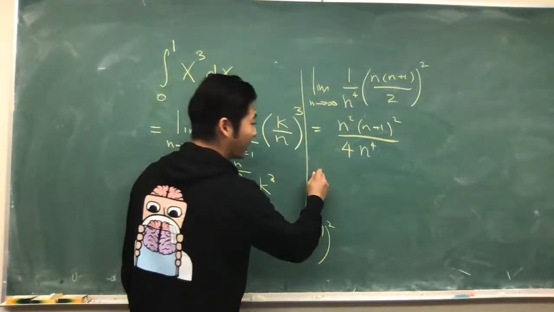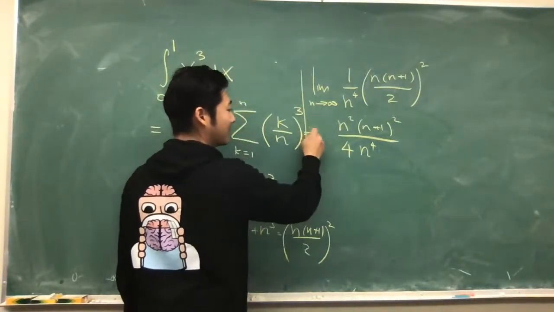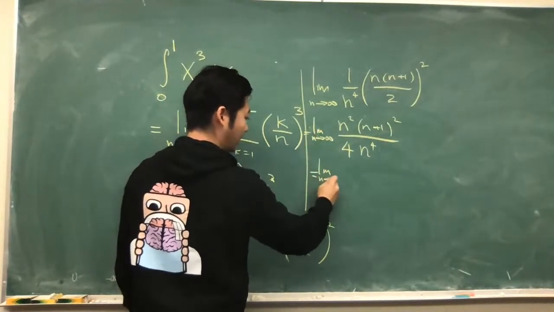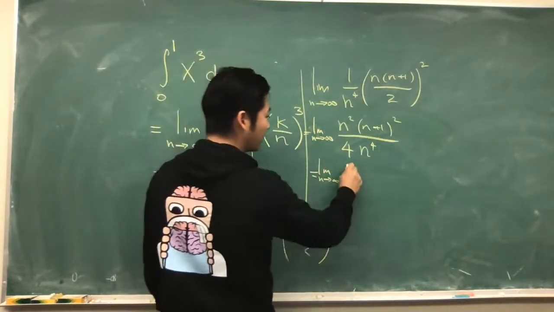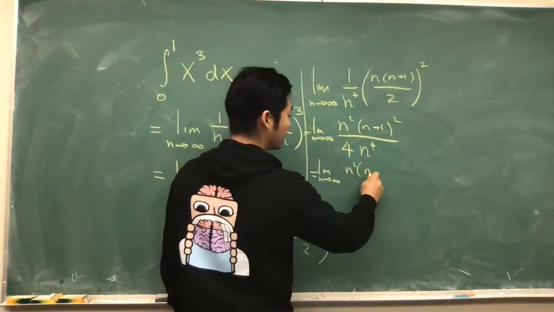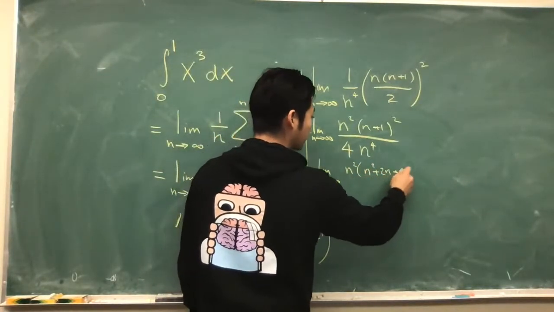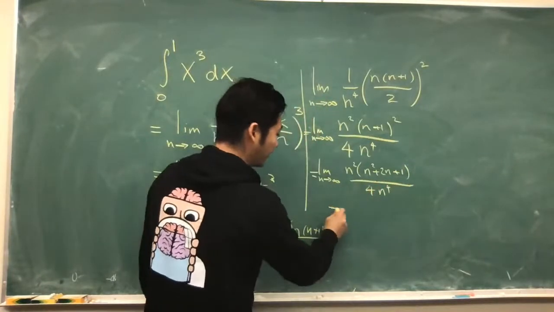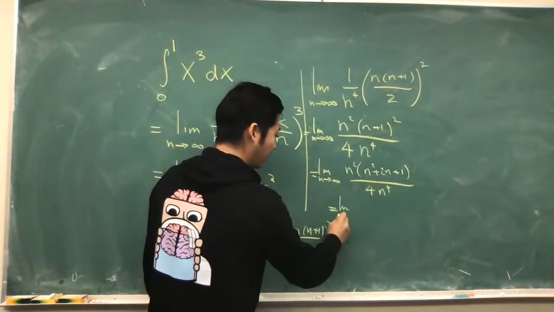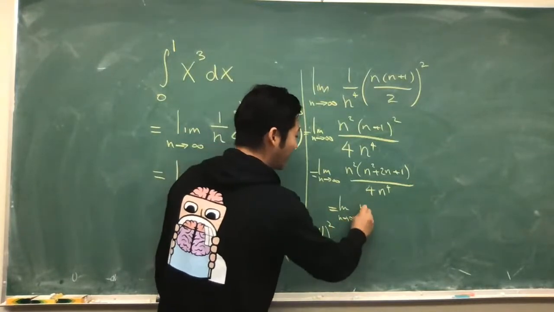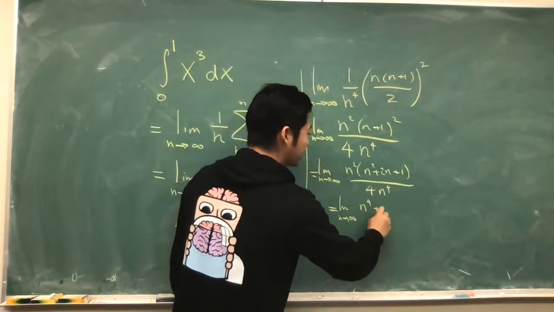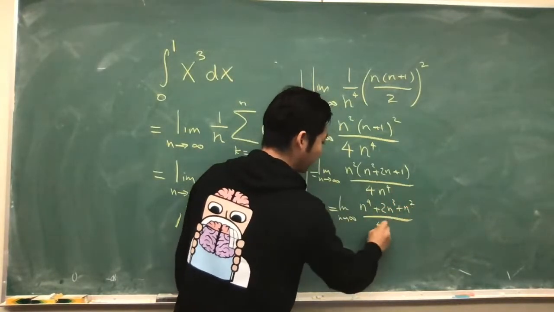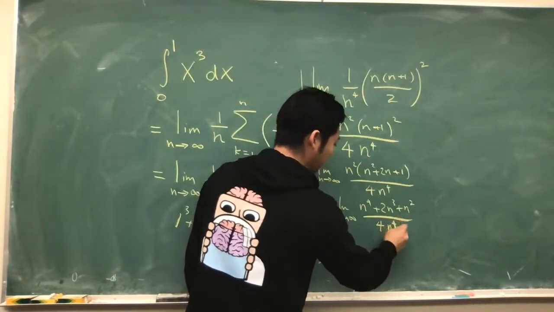And then if you multiply this out, oops, forgot the limit. If you multiply this out, you get n squared times (n squared plus 2n plus 1) all over 4 n to the 4th. So if you move that in, you get n to the 4th plus 2n cubed plus n squared all over 4n to the 4th.